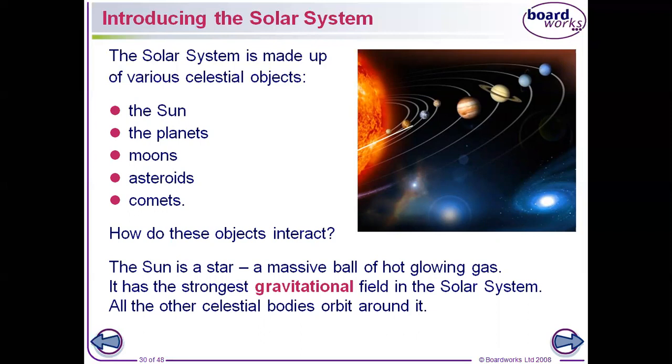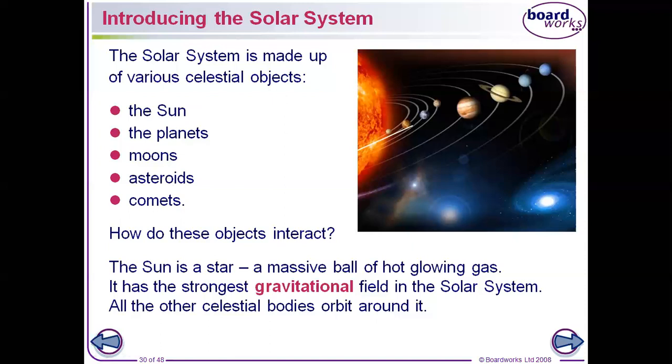The solar system consists of these celestial bodies: the sun, number one, which controls the solar system, the one that provides the gravitational force needed to hold every other object in place in our system; the planets, the moons, the asteroids, and the comets.